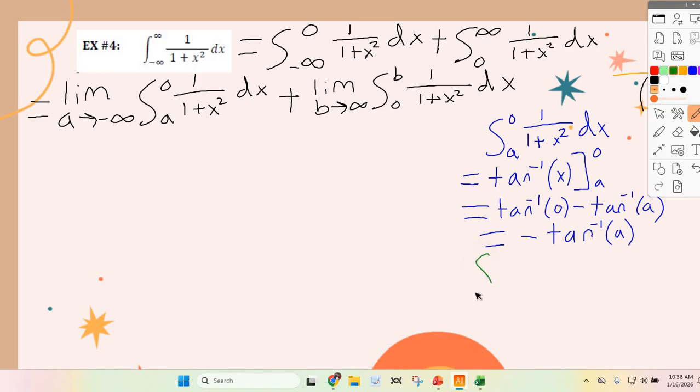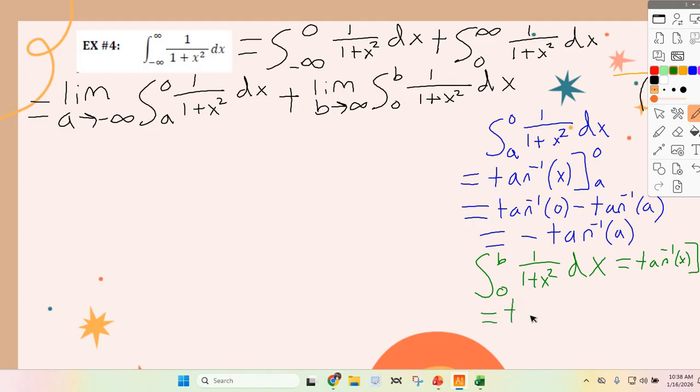So now let's do our second one. This is going from 0 to b of 1 divided by 1 plus x squared dx. What is our antiderivative? Also going to be tangent inverse. The only difference here is that we are going from 0 to b now instead. So which one do I plug in first?